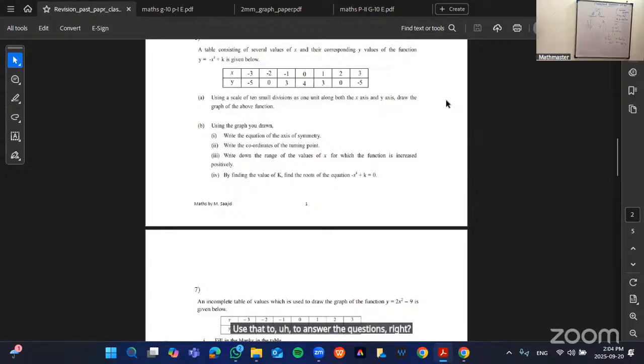Right. So they have given the values here: -3, -2.